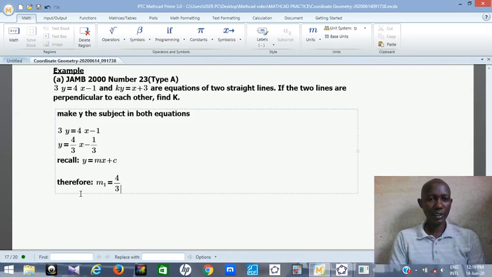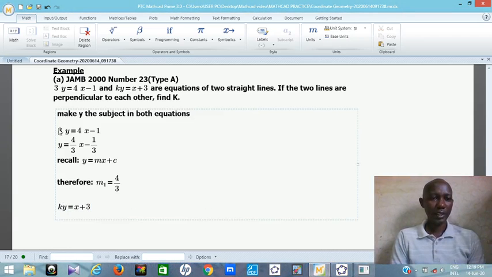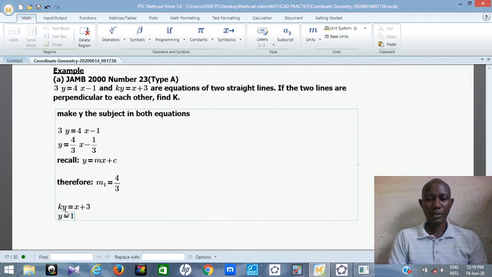Okay, let's move on. If I make y the subject in the second equation now, I'm going to have ky equals x plus 3. So if ky equals x plus 3, then divide each term by k, I'm going to have y equals 1 over k x plus 3 over k.